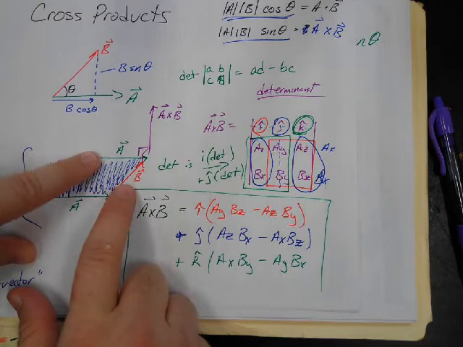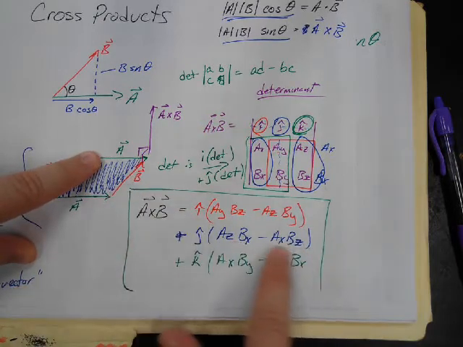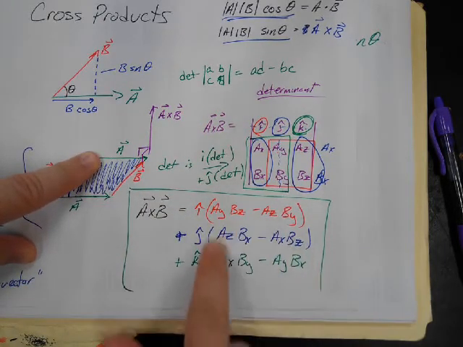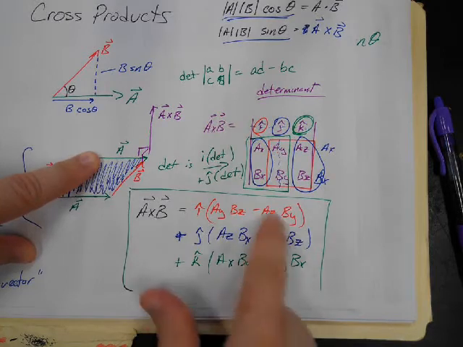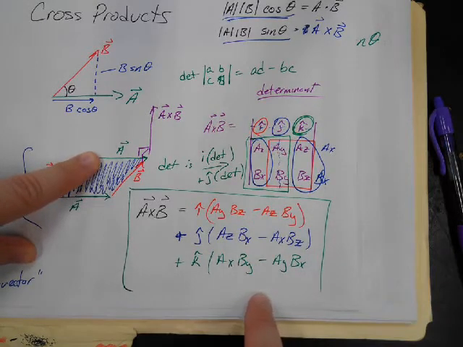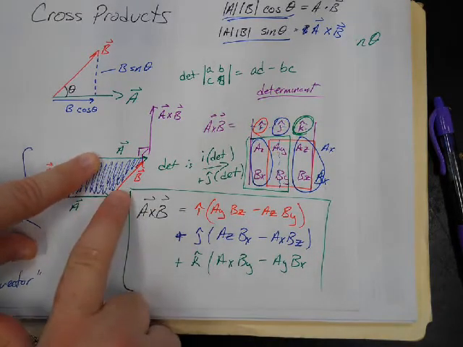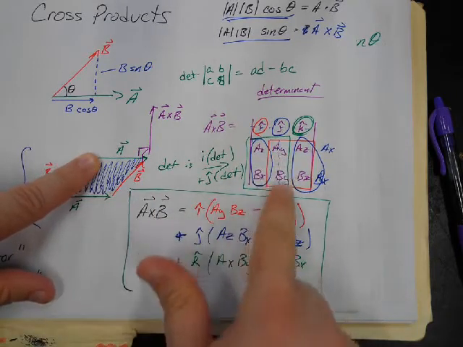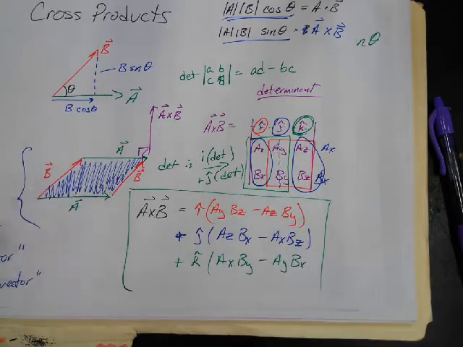If A and B are parallel in some way, you're going to get that some of these terms cancel each other out so that you get zero here. In particular, if A and B are only in the x direction, then your y and z parts are zero, and so this determinant is zero.